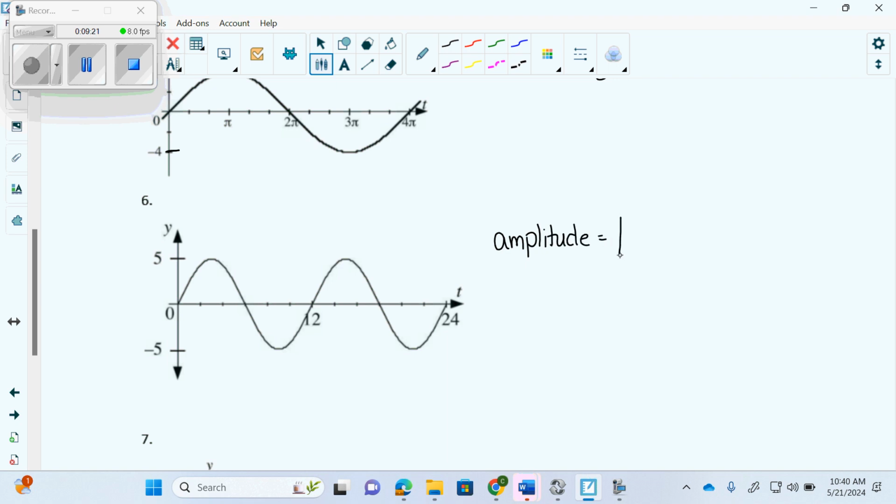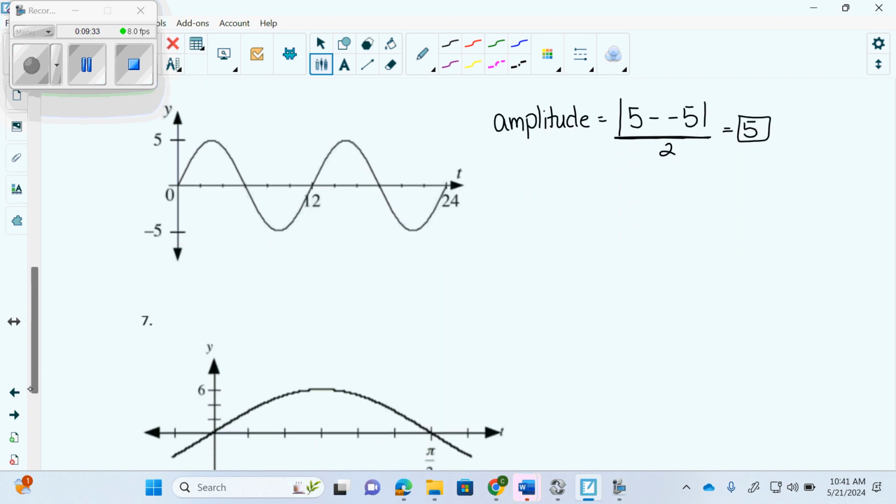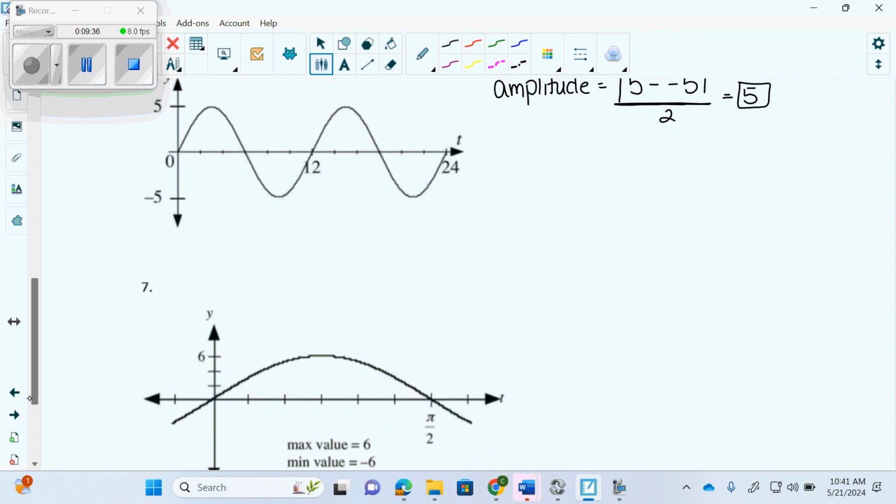Amplitude is the absolute value of the maximum, which is 5, minus the minimum, which is -5, divided by 2, which is 5. This one's 6 and -6. So the amplitude equals the absolute value of 6 minus -6 divided by 2, which is 6.